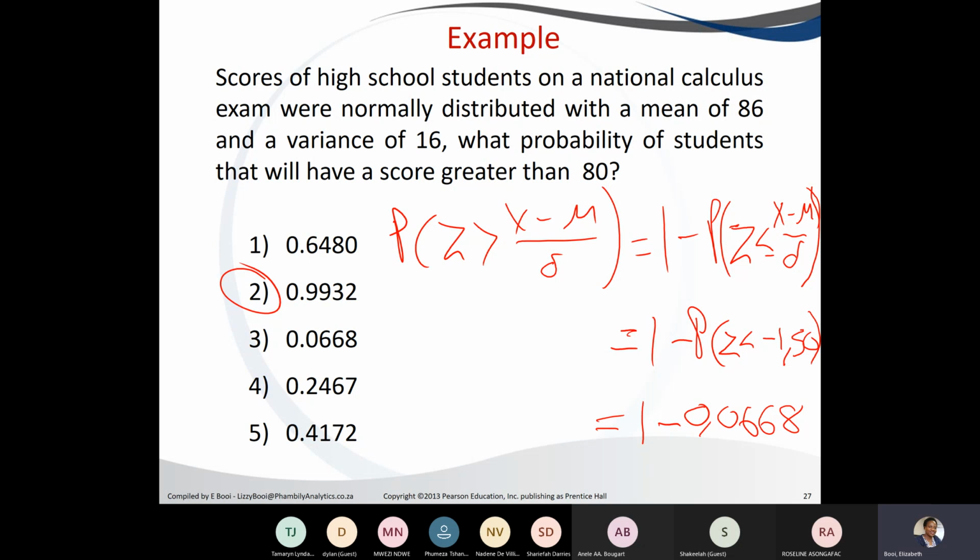That is the probability of Z greater than minus 1.50.